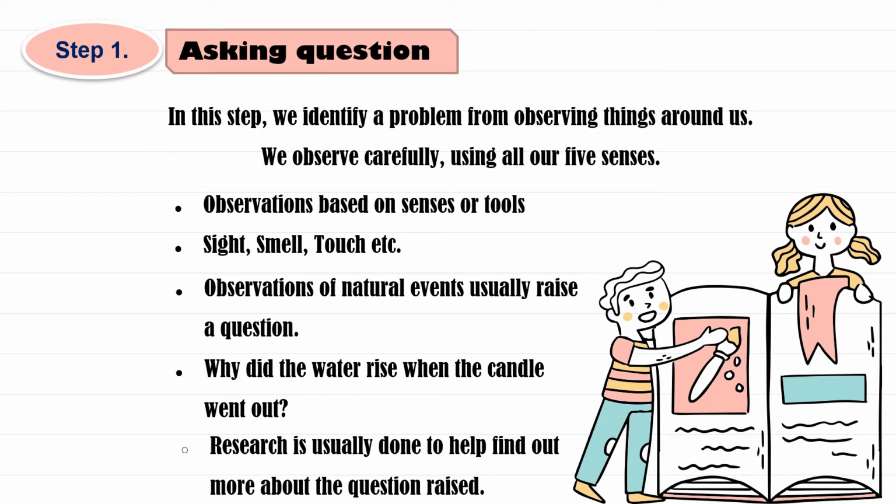Observation based on the senses uses tools like sight, smell, touch, etc. Observations of natural events usually raise a question. Why did the water rise when the candle went out? Research is usually done to help find out more about the question raised.